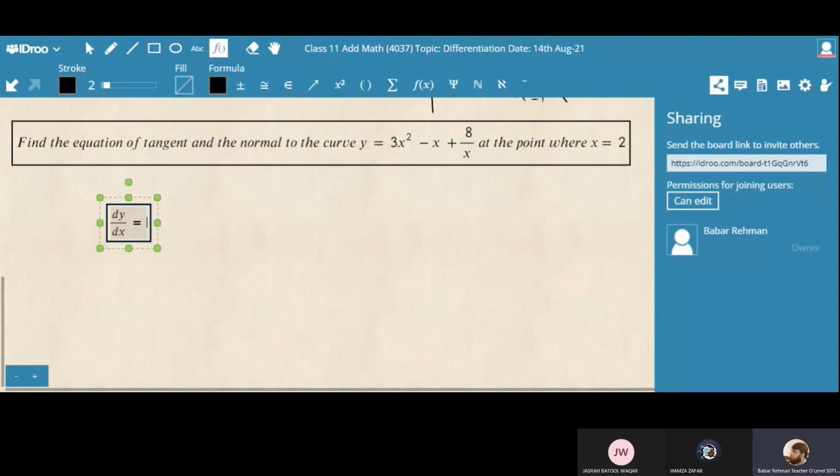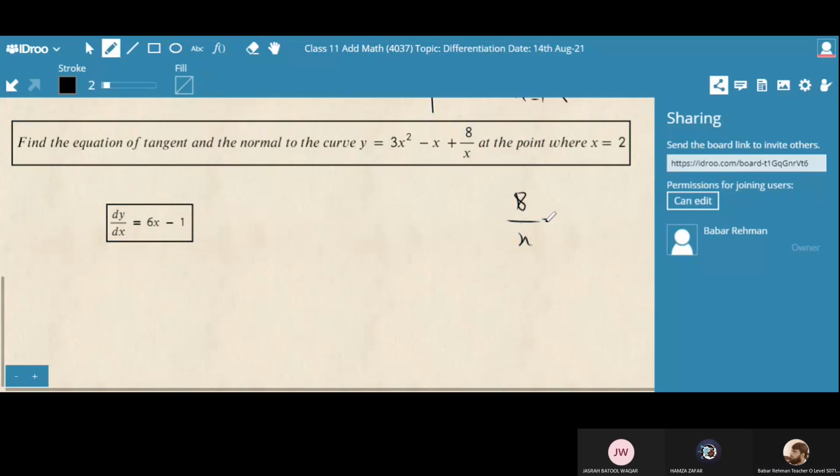Now tell me what is the derivative of this? 3x square, it should be 6x minus 1. This is 8/x. What is the derivative of 8/x? Separately, if I find 8/x, can I write 8/x like this?